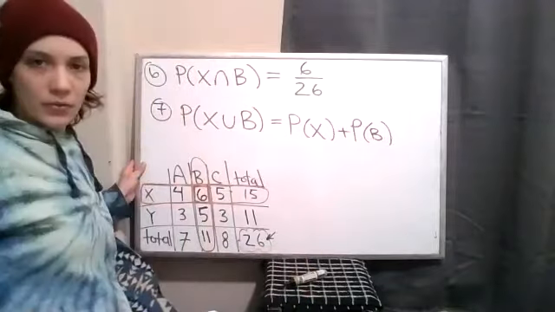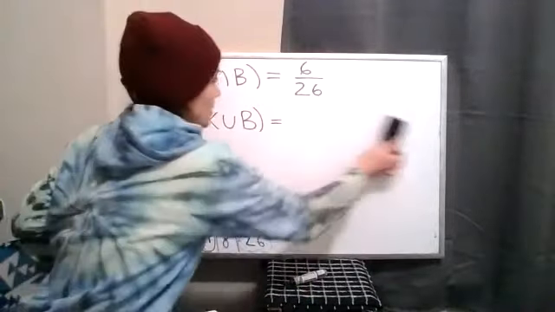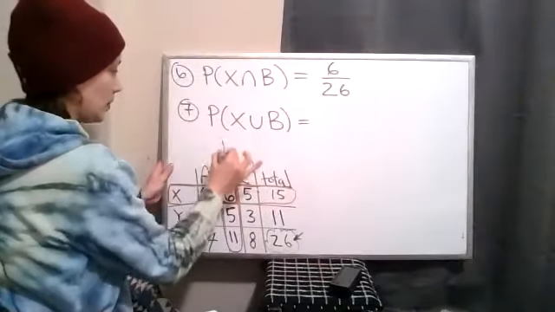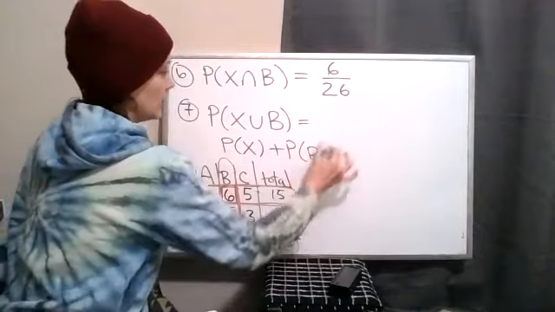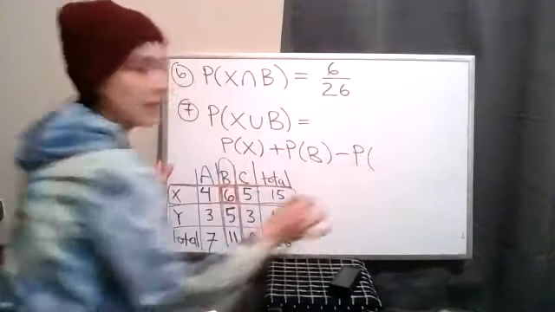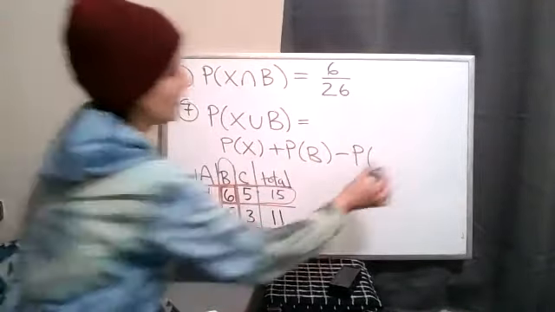I'm going to actually start over. Probability for X plus probability for B, and subtract probability of X intersect B.